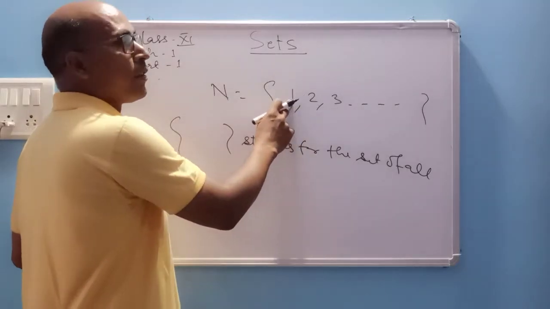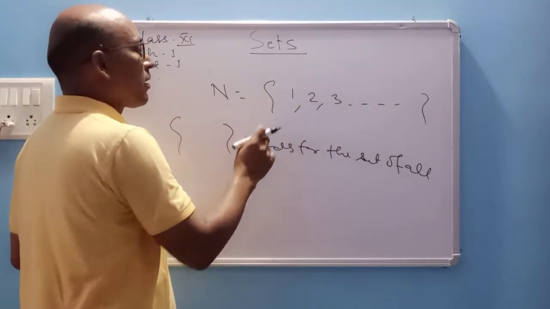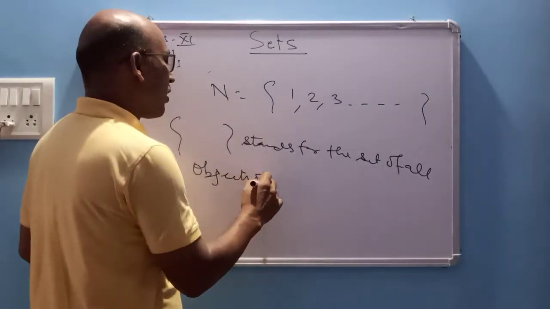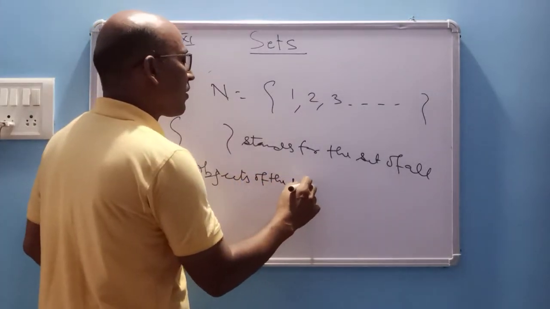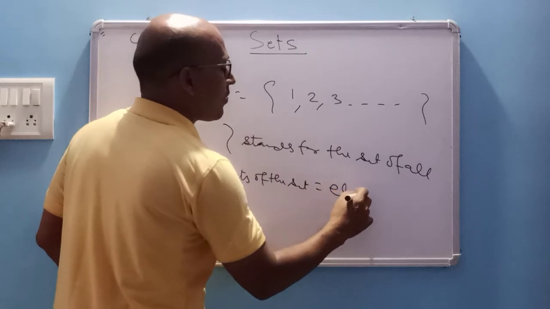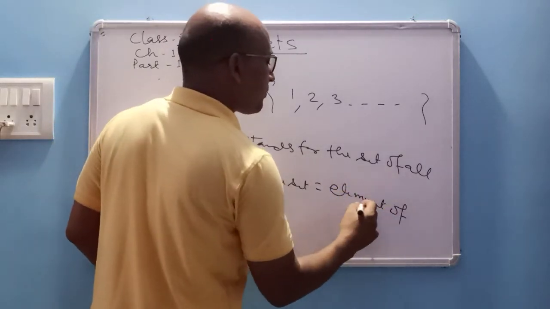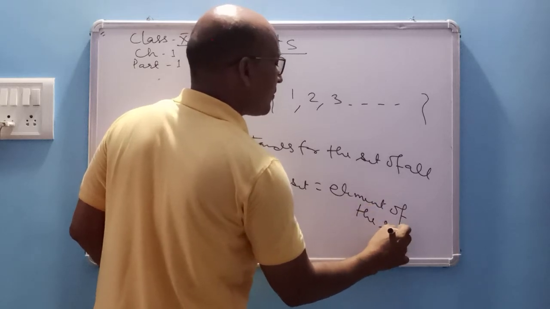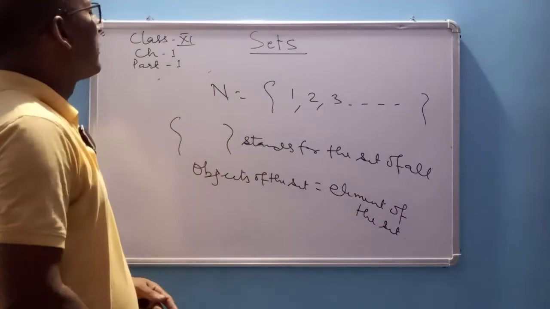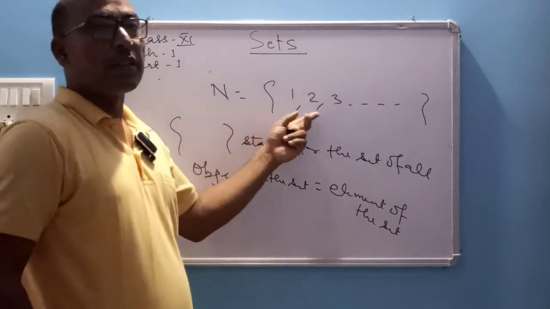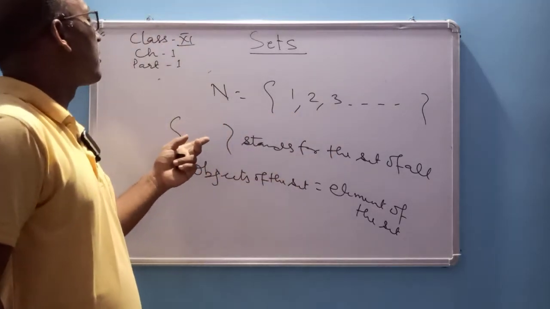And the objects of the set are also called the elements of the set. So this is one of the representations of sets.